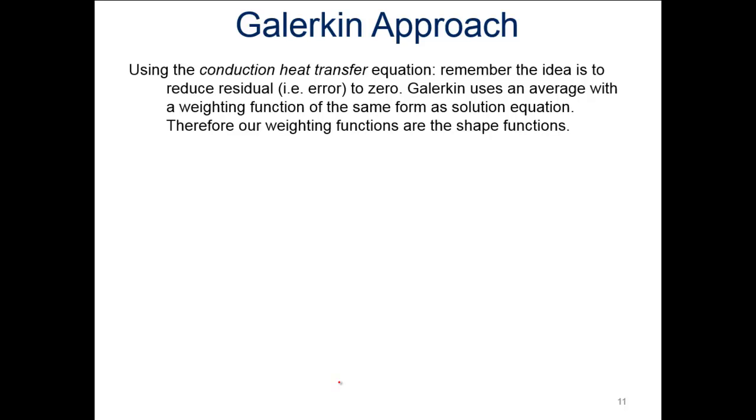So the Galerkin approach says the idea here is we want to reduce the residual error, or the residual, to 0, force it to be 0. The Galerkin uses an average with a weighting function the same form as the solution equation. So our weighting functions are the shape functions. The shape functions are from our solution equation. So we'll have 4 of those, 4 residual equations.